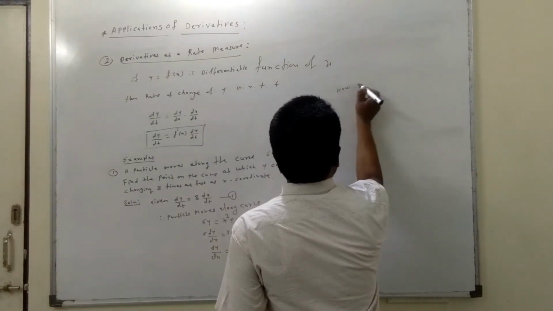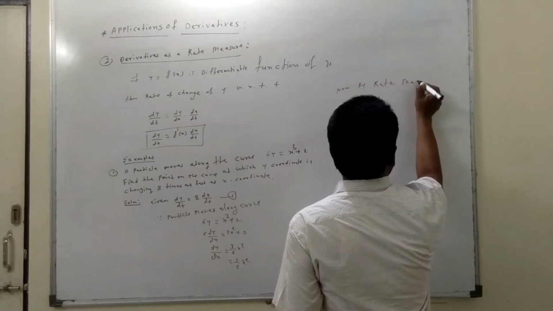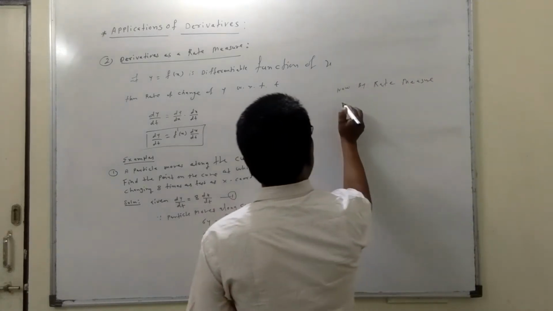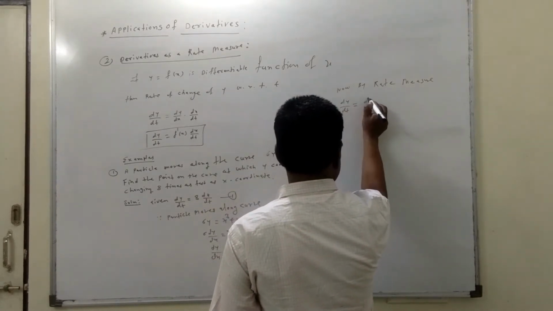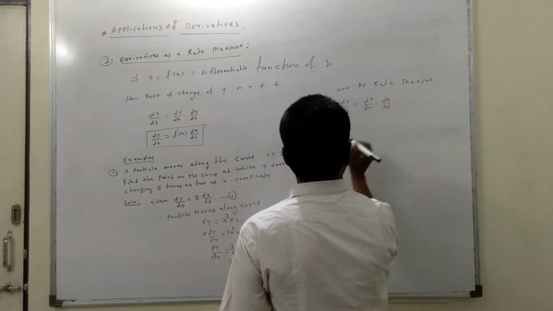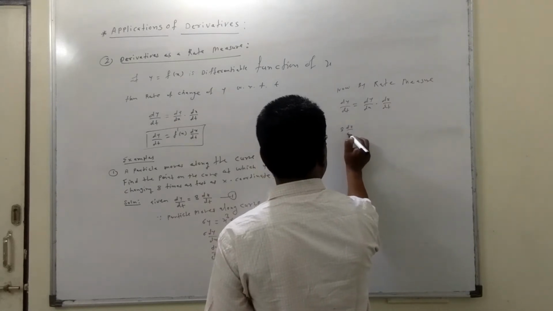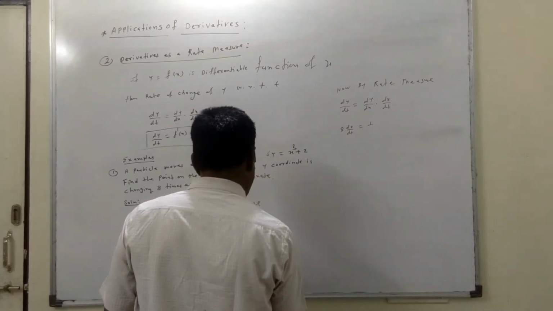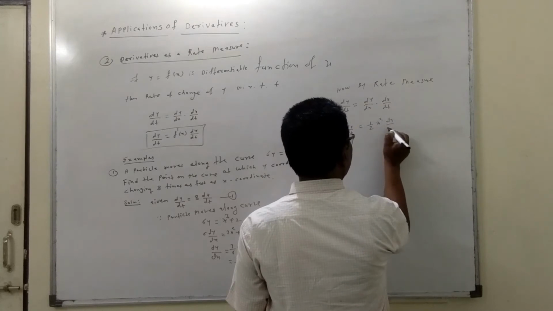Now by rate measure, dy by dt is equal to dy by dx into dx by dt. So dy by dt is equal to 8 dx by dt from equation first, and also equal to 1 upon 2 x square dx by dt.